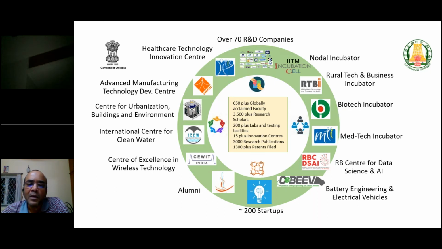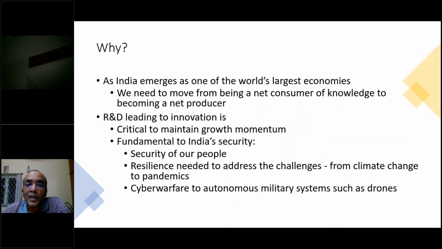So our goal now is to see what we can do to get this kind of an ecosystem established in other parts of the country, other universities, how we can take advantage of what we have done here for the benefit of India, to make this Atmanirbhar Bharat or the self-reliant India happen. And why do you want to do that, right?